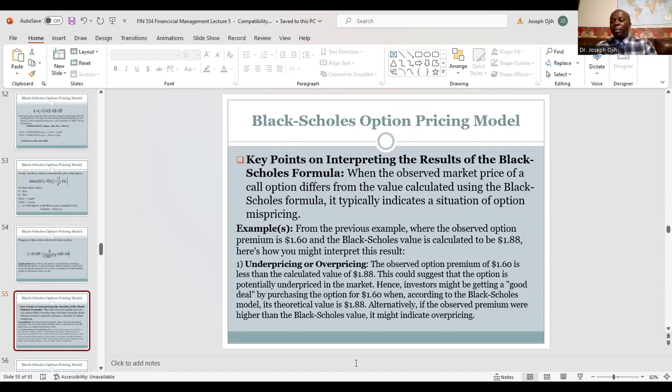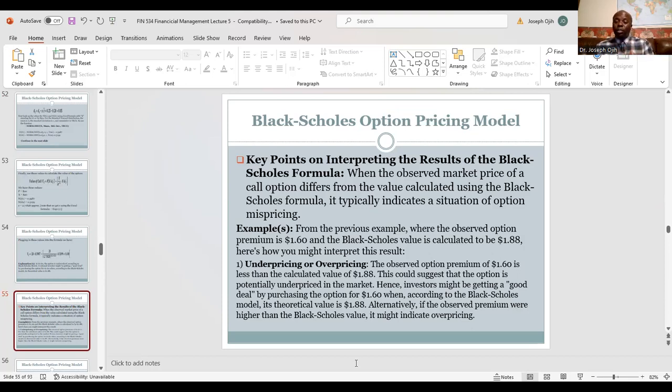The observed premium of $1.60 is less than $1.88, which suggests the option is underpriced in the market. So what does this mean? It means that investors might get a good deal by purchasing the option at $1.60.